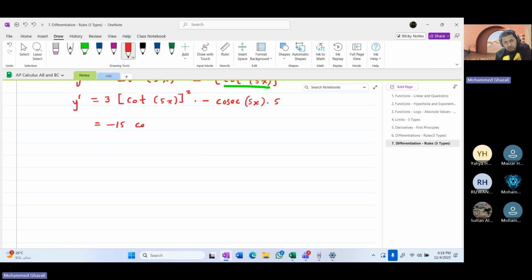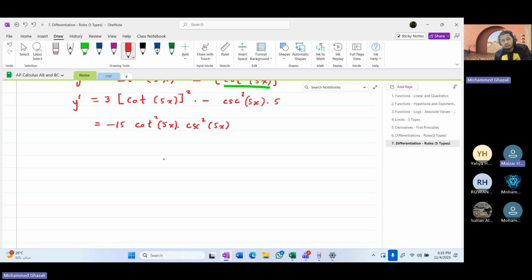So we're going to write it as cot squared 5x times cosec squared 5x, right? Sorry, this was cosec squared, all right? So negative 15 cot squared 5x cosec squared 5x. And that's my answer, guys. I wrote it in a neater form.